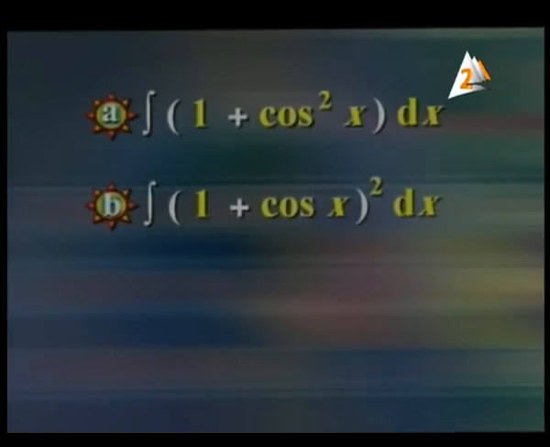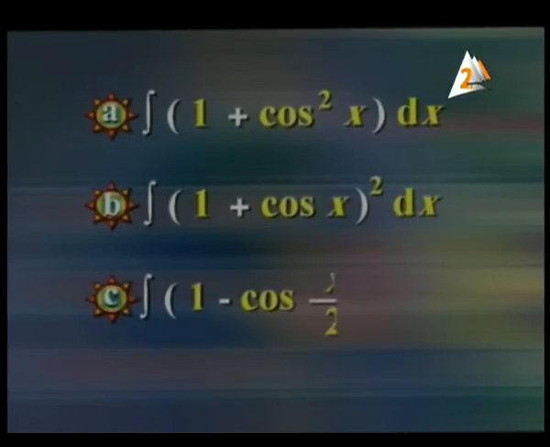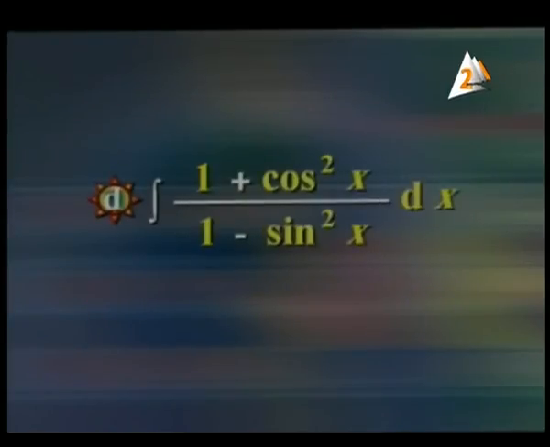The first bracket contains 1 plus cosine squared x, but the second bracket contains 1 plus cosine x for all power 2 dx. Number C, integration of 1 minus cosine x over 2 for all power 2 dx. Number D, what is the integration of 1 plus cosine squared x over 1 minus sine squared x dx?